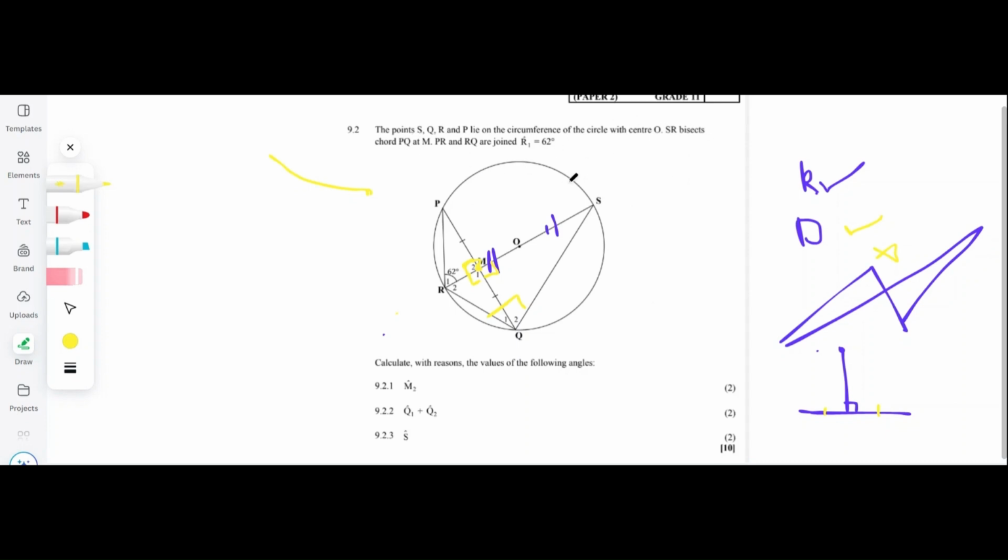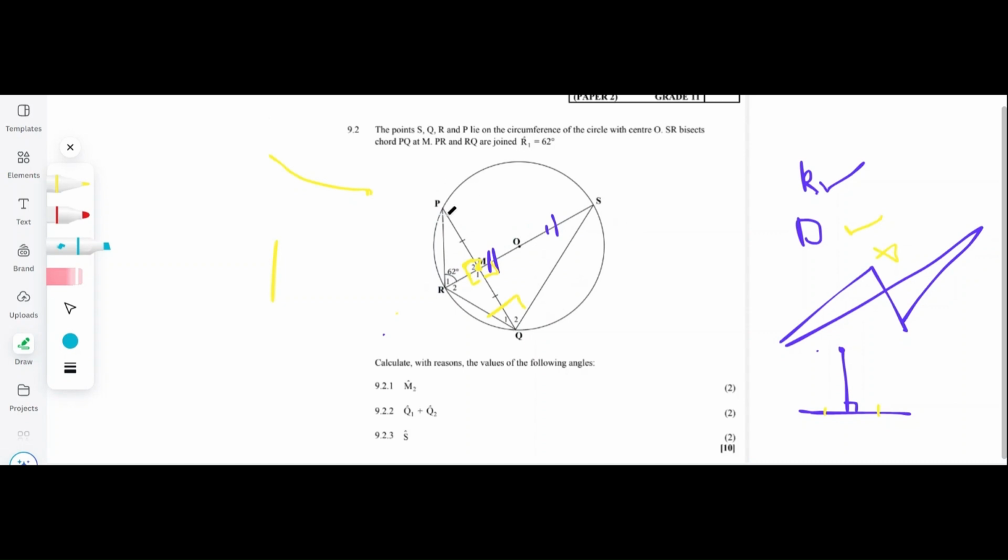For a cyclic quad, you want to look for a bow tie shape, or a four-sided shape in which all four corners touch the circumference of the circle. You can clearly see a bow tie shape, which I've highlighted in blue.